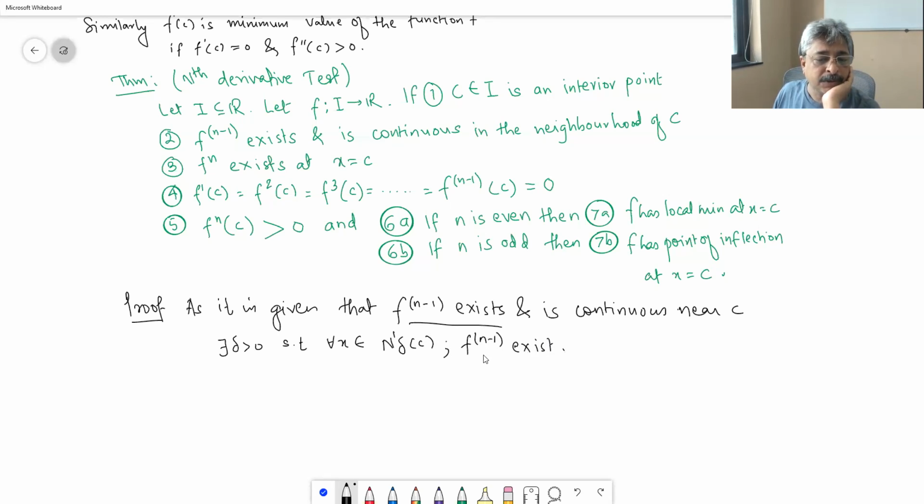That is what this statement says. I am rewriting it. So this is the prerequisite condition for our Taylor's theorem.